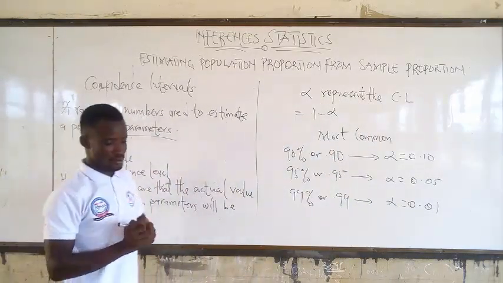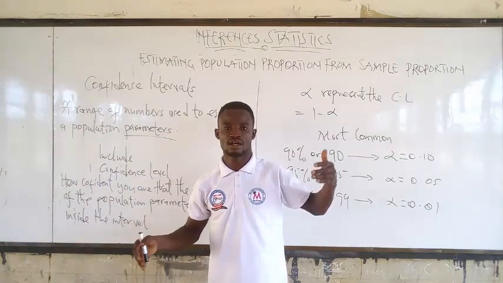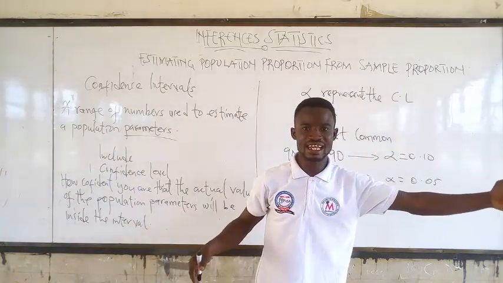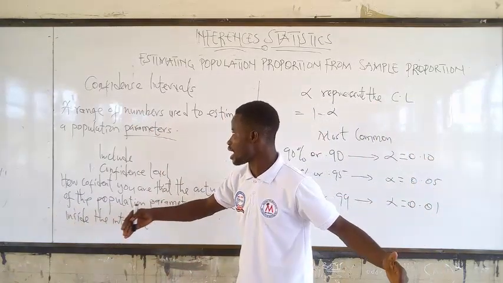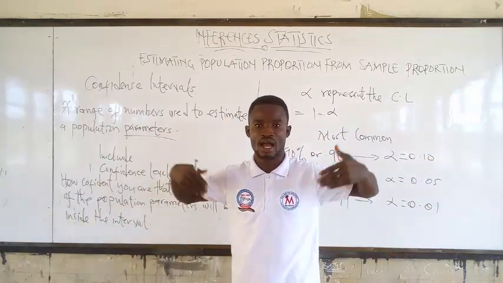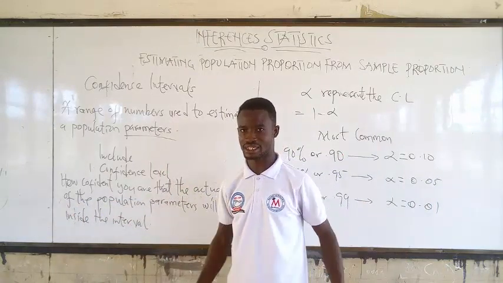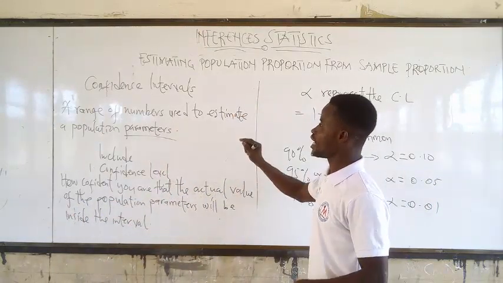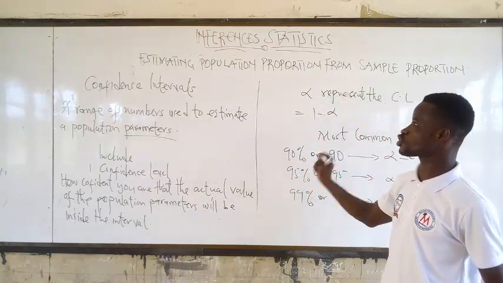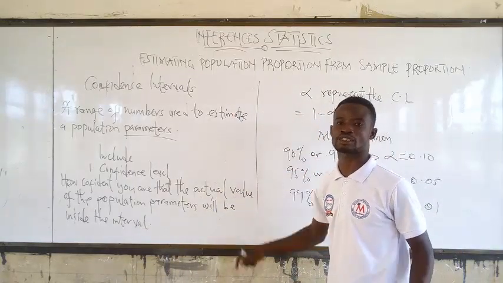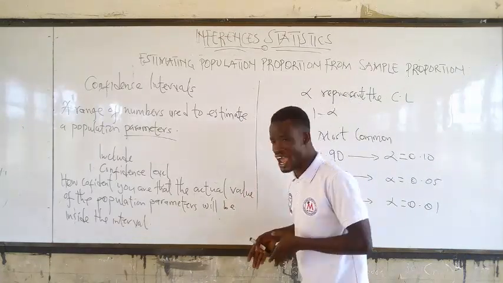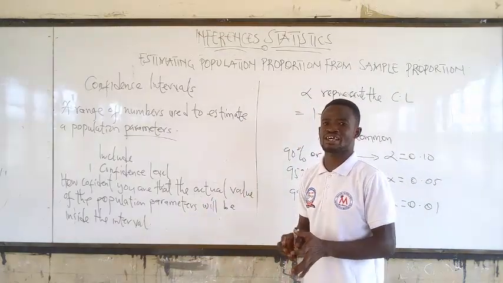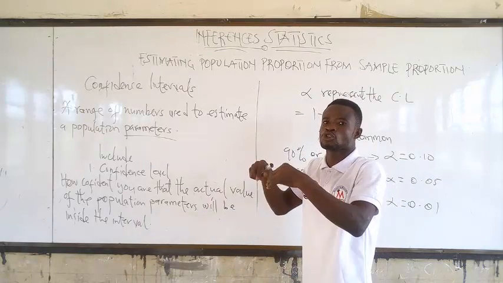This means the ending point and the starting point. So this range includes some things that you need in order for you to get it.